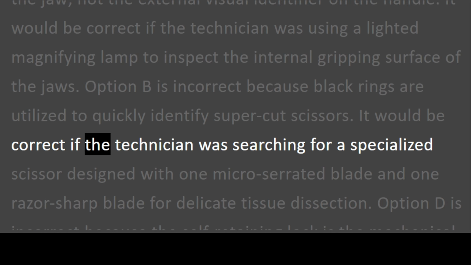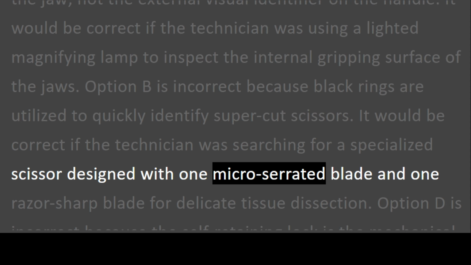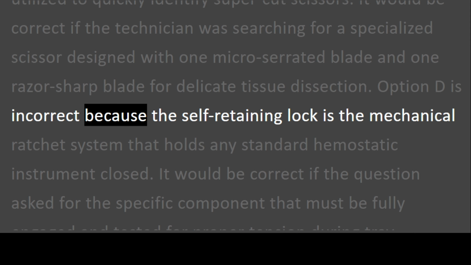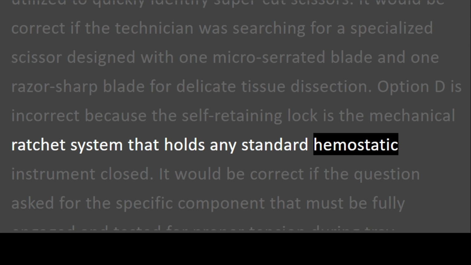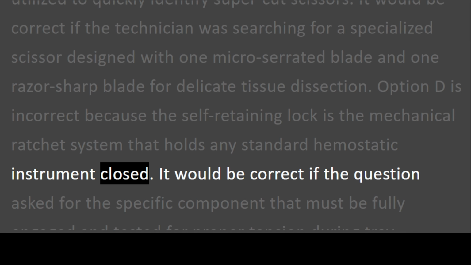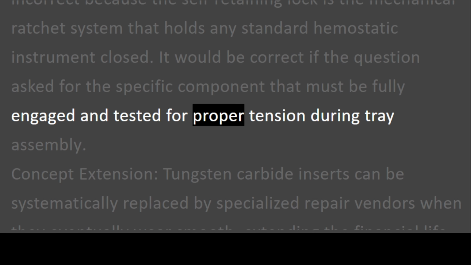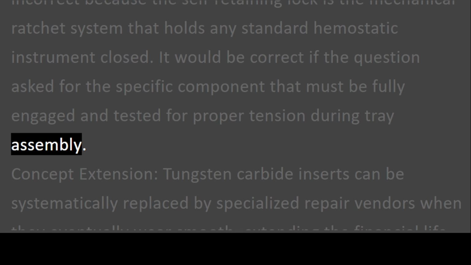It would be correct if the technician was searching for a specialized scissor designed with one microserrated blade and one razor-sharp blade for delicate tissue dissection. Option D is incorrect because the self-retaining lock is the mechanical ratchet system that holds any standard hemostatic instrument closed. It would be correct if the question asked for the specific component that must be fully engaged and tested for proper tension during tray assembly.